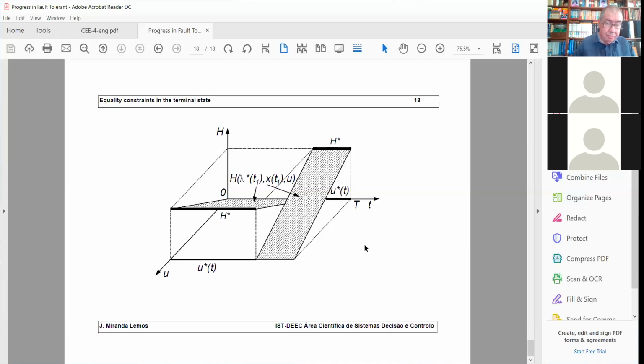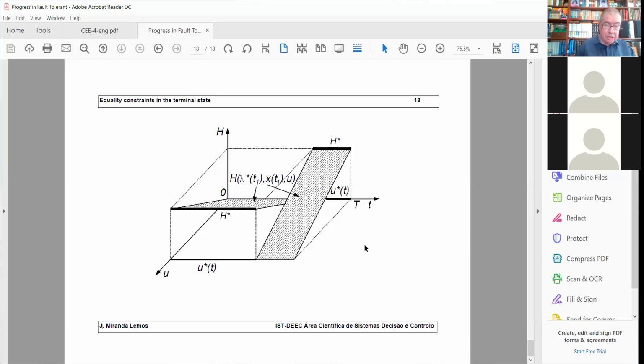And there is one more thing I would like to add. Suppose that your terminal time is made free to vary. In that case, you have an extra variable. So T is no longer fixed, it's a variable with respect to which you have to find the optimal.